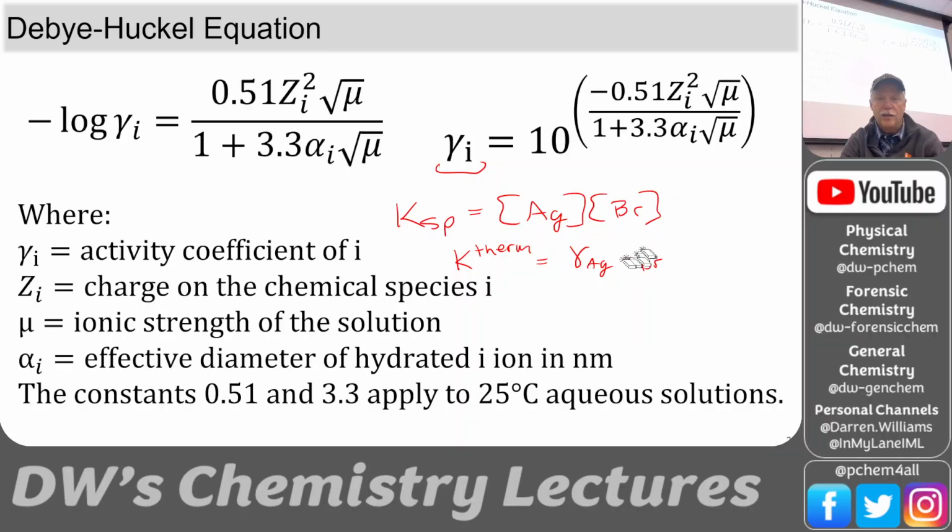I'll put them in front, just to show you there's kind of like a correction term. So gamma Ag in front of Ag's concentration, and gamma Br in front of the bromide concentration. So that's what we're doing. It's like these activity coefficients are adjusting the concentration values.